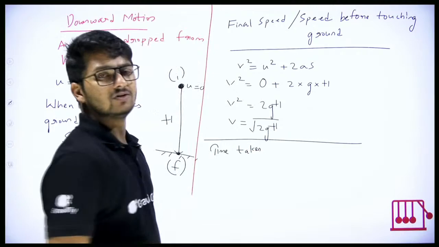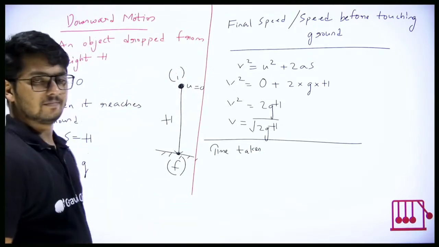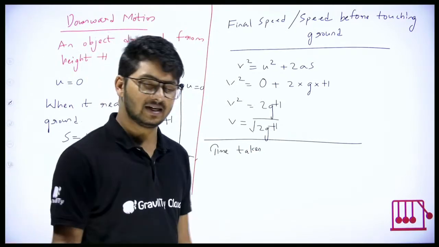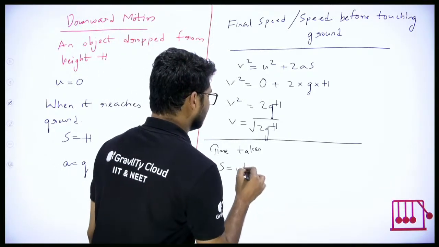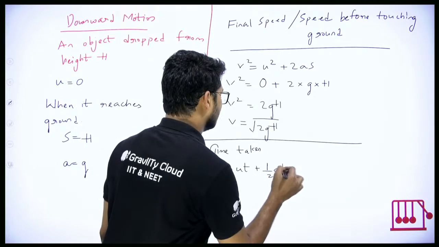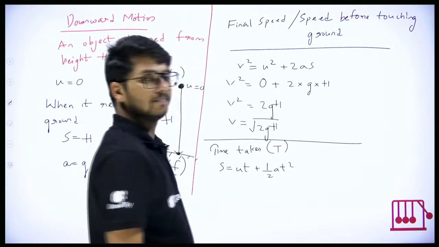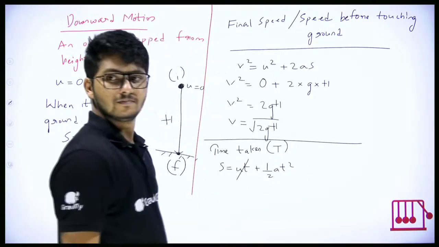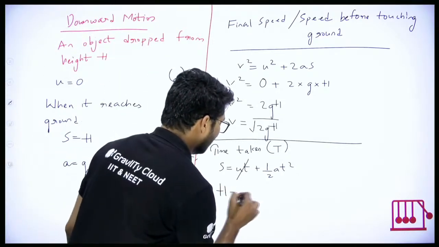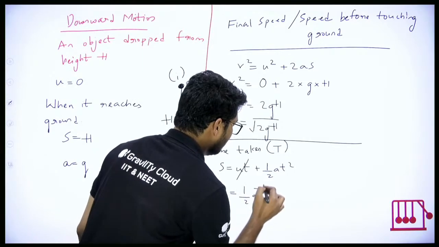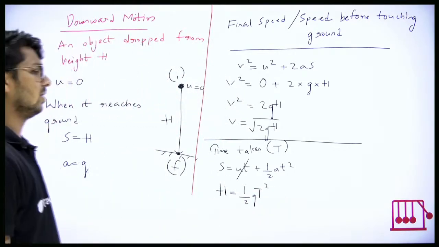Which formula do we use for time taken? You can go for any formula. v is equal to u plus at, you can. s is equal to ut plus half at square, you can. I'll go with s is equal to ut plus half at square. But u is 0, and s is H. So H is equal to half into g into capital T square, where capital T is the total time.